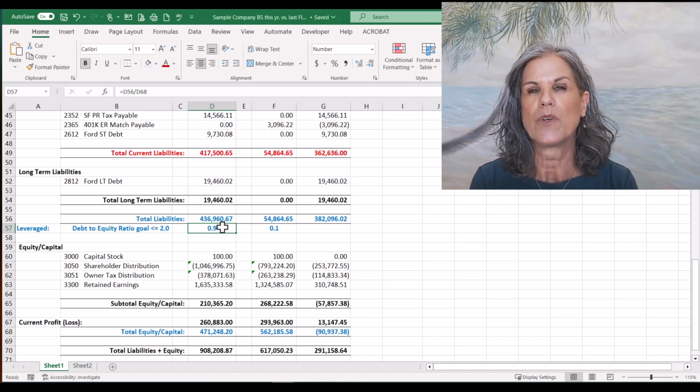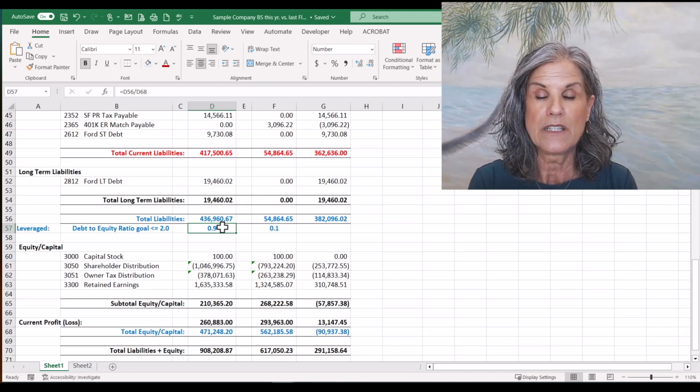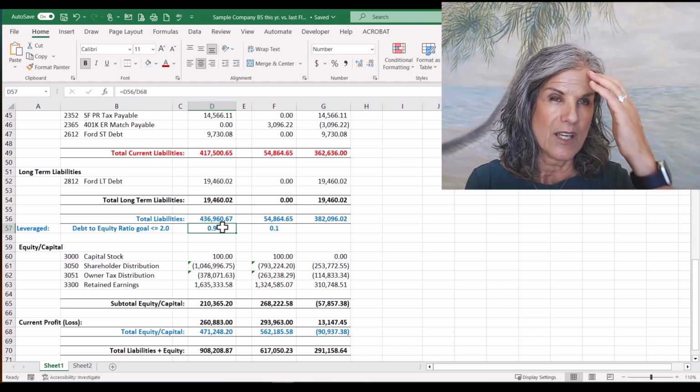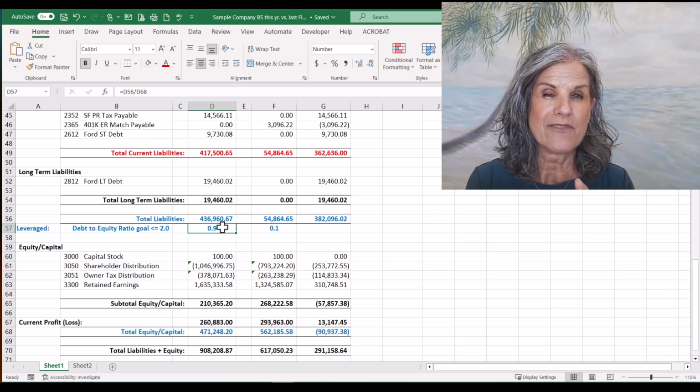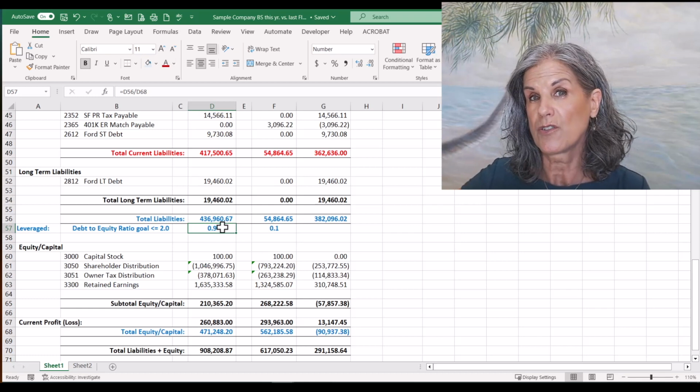Why is that important? What are you going to do with that information? Well, this is also a number that tells you something about how leveraged you are. What does that mean? Well, if I have a lot of debt and I have to service that debt, I have to pay off that debt month in and month out, but it's long-term debt, right?